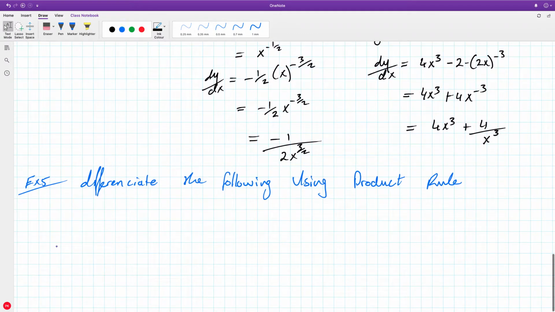Product rule is the top one, yeah, in your logbook. 2x plus 3 by x minus 4. So we call the first one u and the second one v.